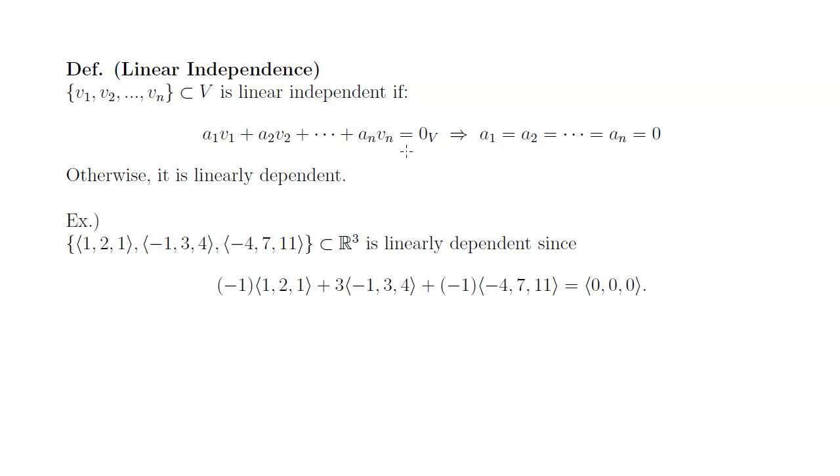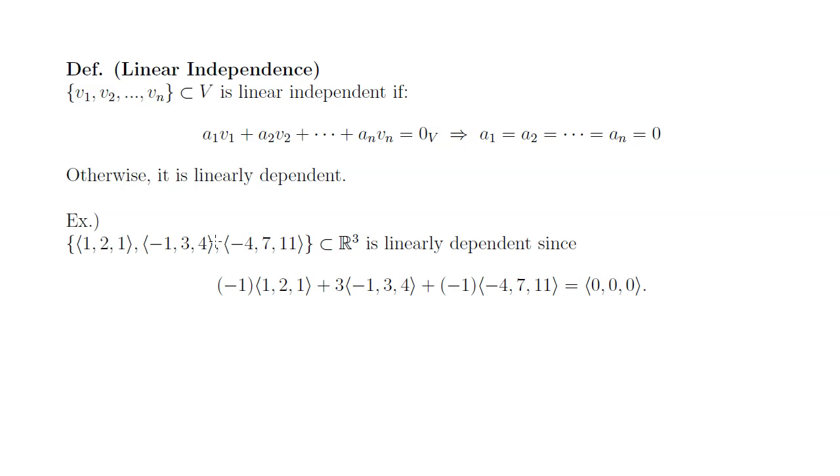Then we can come up with a bunch of different ways, but we can come up with -1 times the first vector plus 3 times the second vector plus -1 times the third vector is going to come out to be 0. Therefore, since we can find non-zero coefficients such that the linear combination equals the 0 vector, we know that this set is linearly dependent.